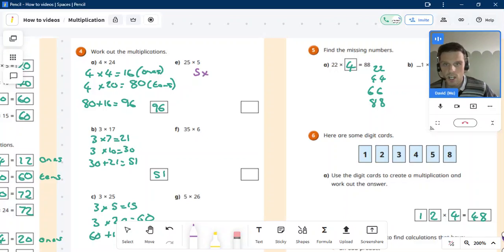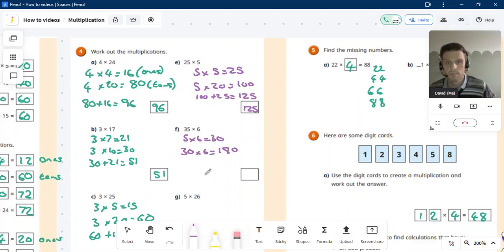So 5 times 5 equals 25. 5 times 20 equals 100. 100 plus 25 equals 125. There we go. Then 5 times 6 equals 30. 30 times 6 equals 180. 180 plus 30 equals 210. There's our answer.